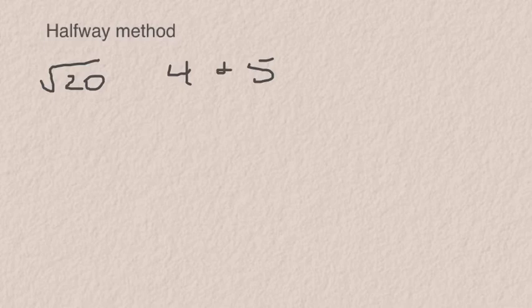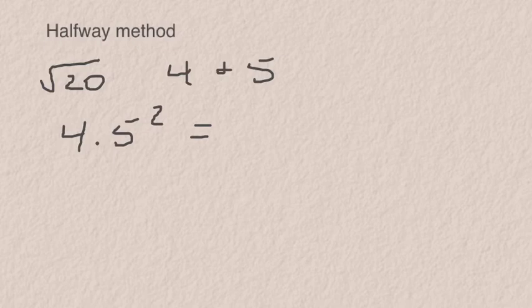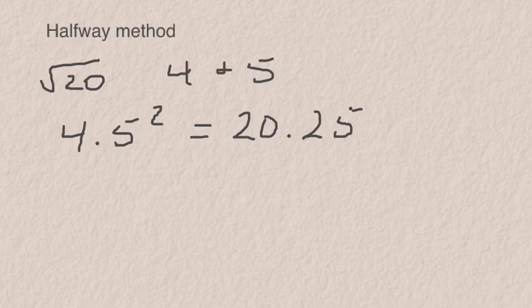So I look at the decimal that's halfway in between 4 and 5. Well, that's going to be 4.5. So I'm going to square that, and I get for my answer 20.25. Well, that's a little bit larger than 20, so I'm going to see if I can get a little bit closer.